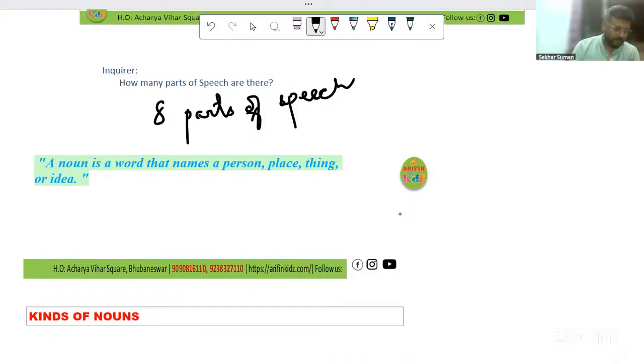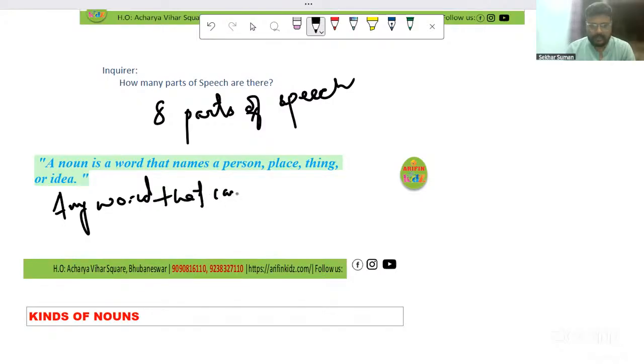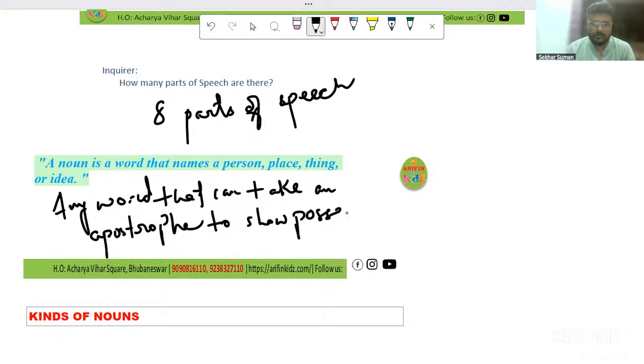This is something new which is going to come to you: any word that can take an apostrophe to show possession is a noun, right? This is something new, right?